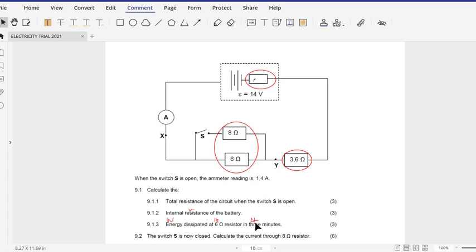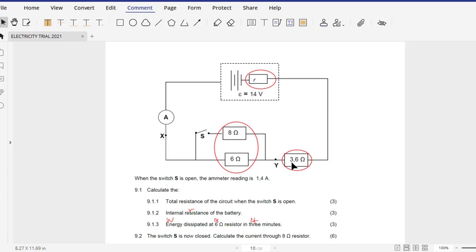Then what other information do we have about that resistor? We know the current that is going through it because the switch is still open. So with the switch open, the ammeter is still reading 1.4 amperes, which is the current that is going through the 6 ohm resistor. Let's remember that these two resistors do not share current.